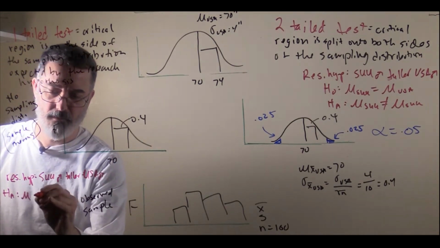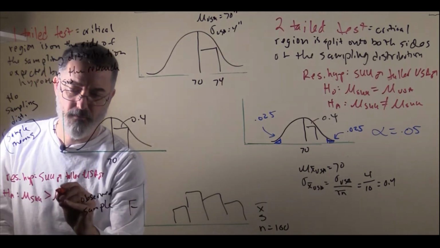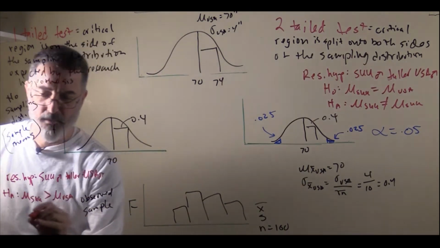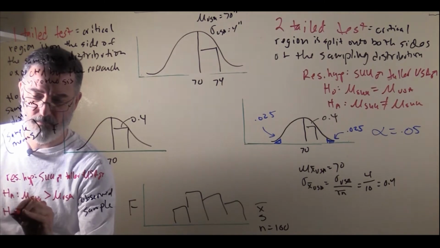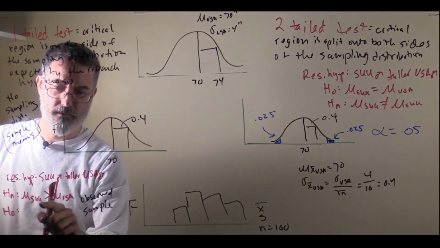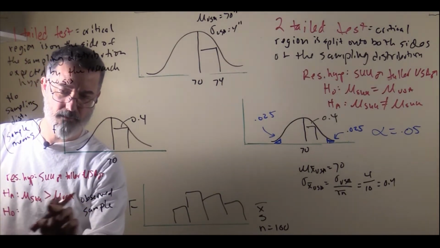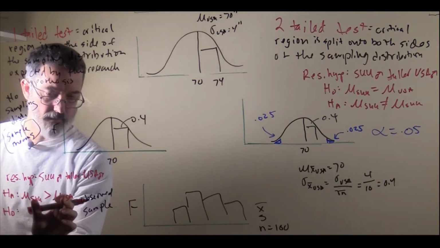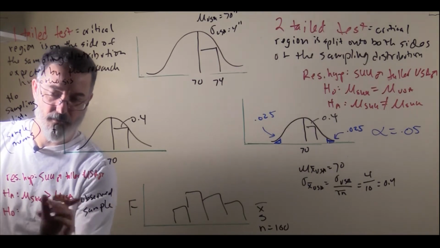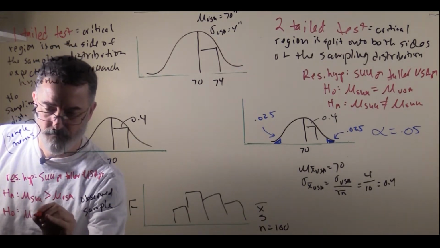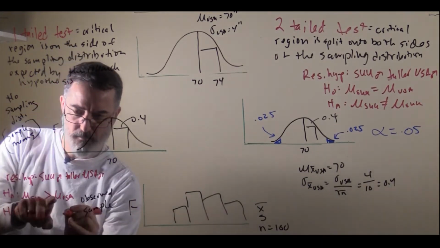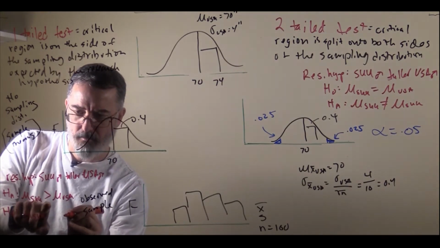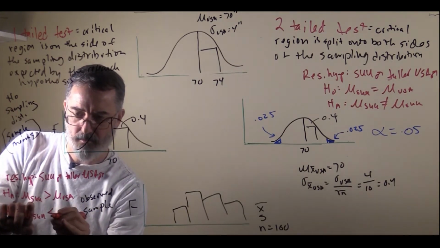So it just says that the height of SUU men is taller than the height of American men. And then the null hypothesis is whatever is required to finish off all possible states of the world other than this. So if they're equal or SUU men are shorter.